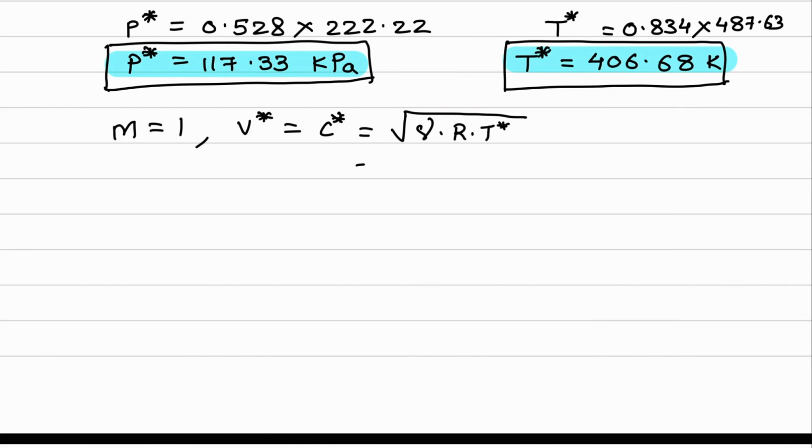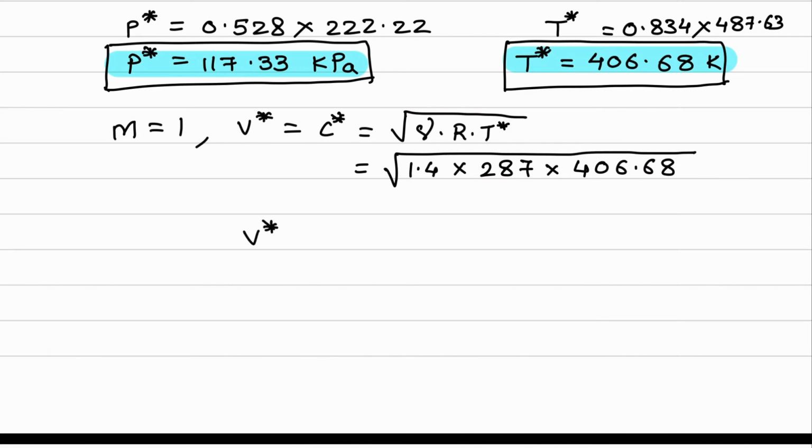Gamma is 1.4 for air, R is 287 joule per kg Kelvin as given in the question, and T star is 406.68, under root. So from here I can calculate V star. V star is equal to 404.23 meter per second.